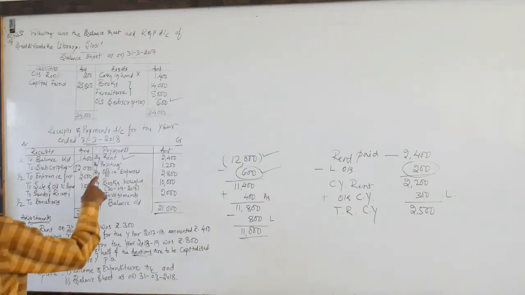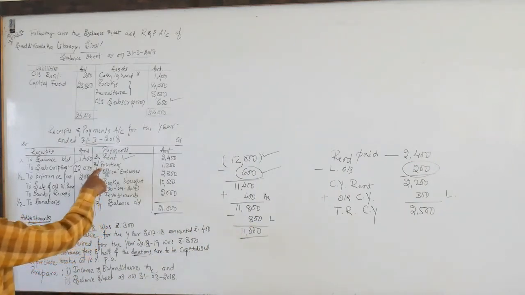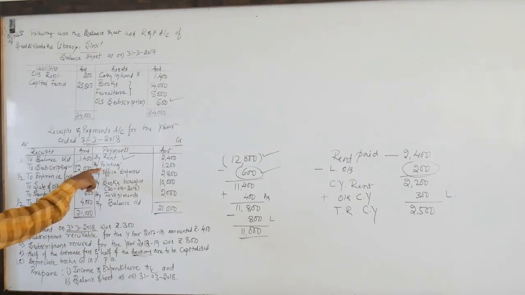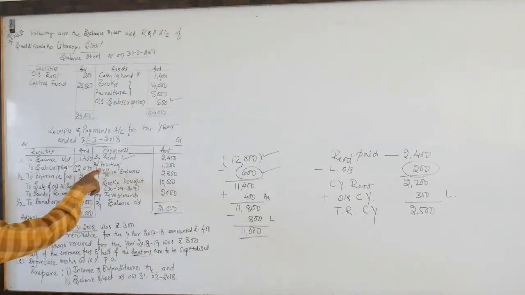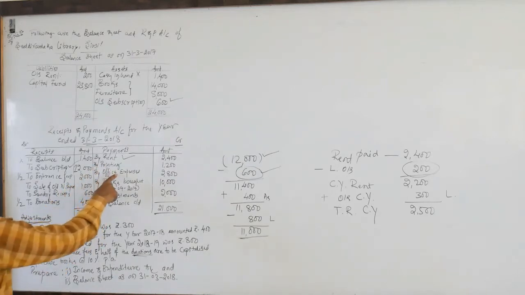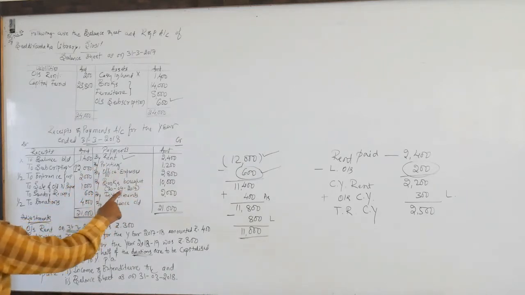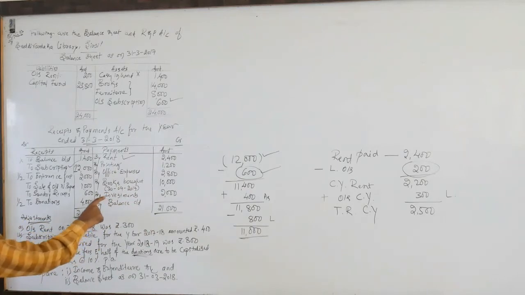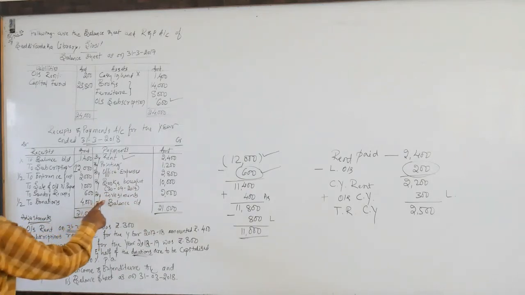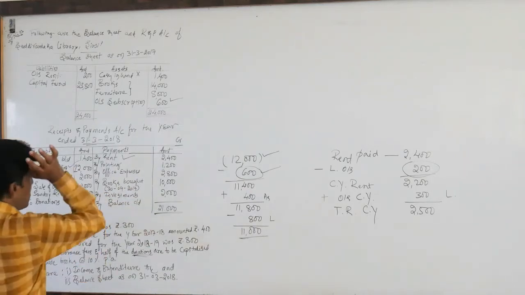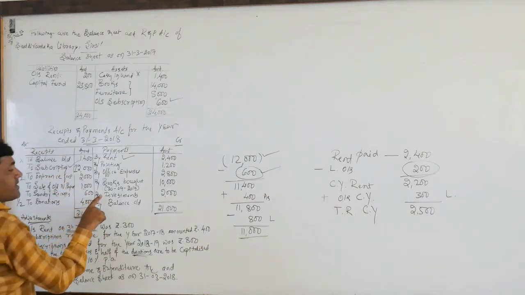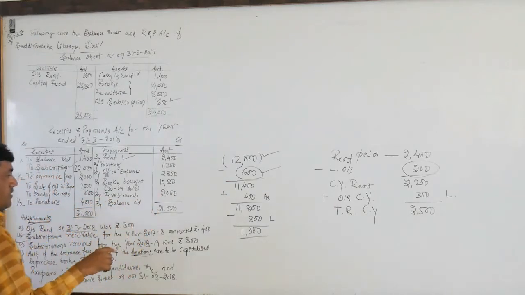Next, printing. There is no adjustment for printing. Directly it is to be recorded on the expenditure side of the income and expenditure account. Office expenses are also the same. Books I have already explained. Investment: additionally, in the current year we have invested certain money of rupees 2,000.